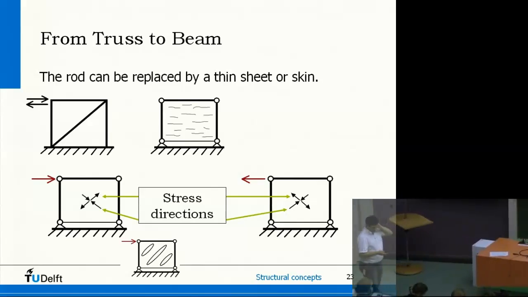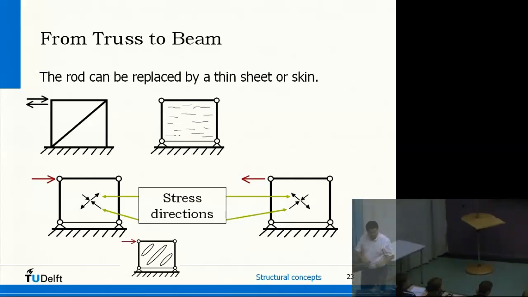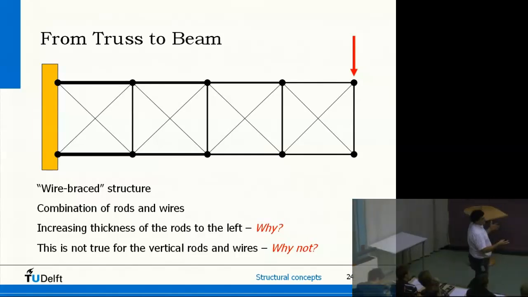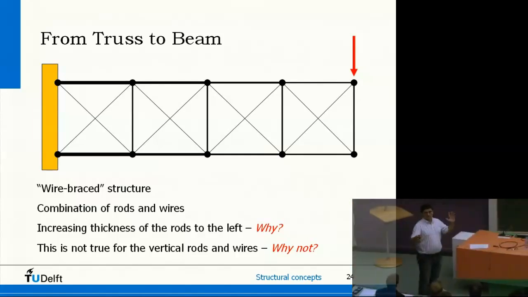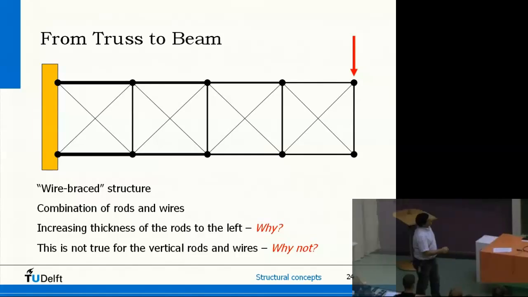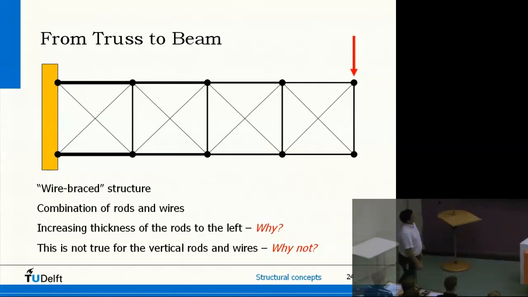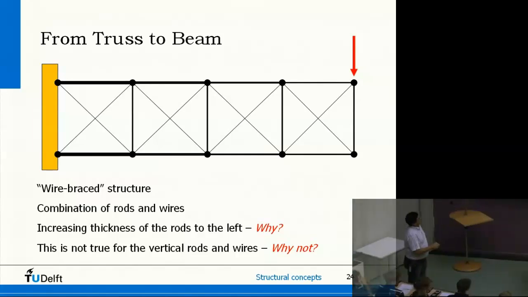Okay, so far something about one cell. We can extend that. This is a beam with 4 cells. And actually what we do is to synchronize 4 of these cells and we have a truss structure of 4 cells. If I apply a load here, the load has to be taken up by the structure and transferred to these points on the left side.